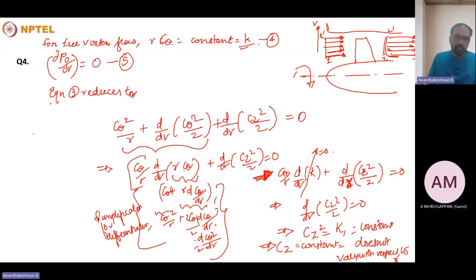So we are trying to reduce this part into this form. This is a basic differential equation. What we have is c theta squared divided by r plus d by dr c theta squared divided by 2. That is given.